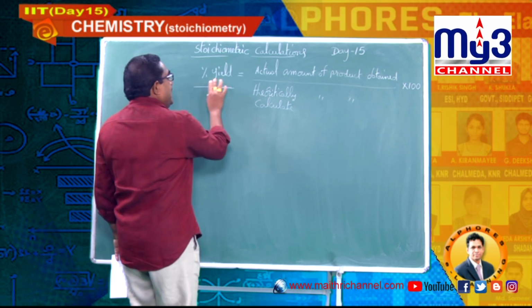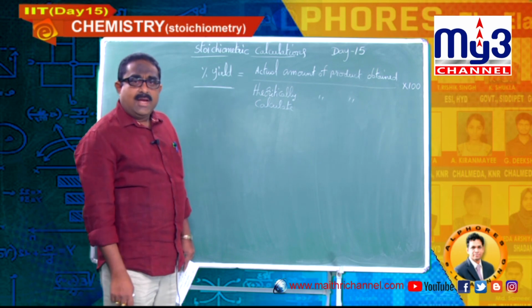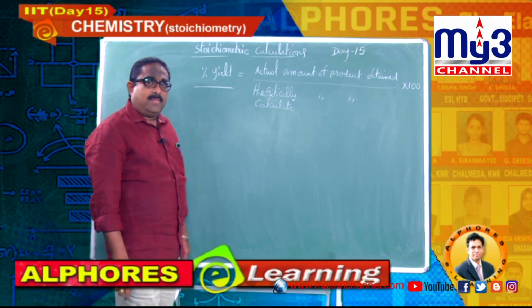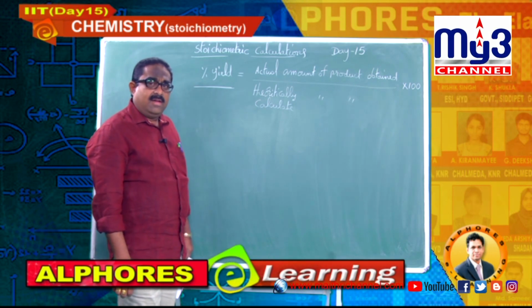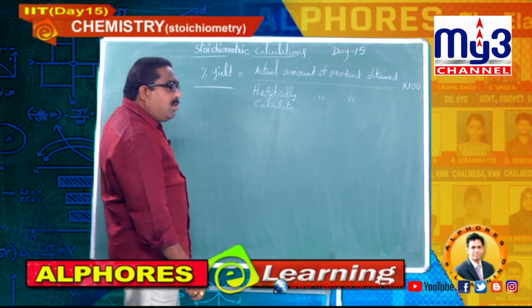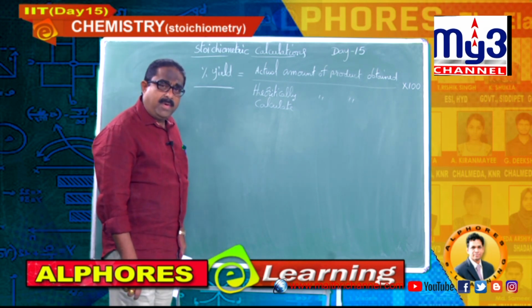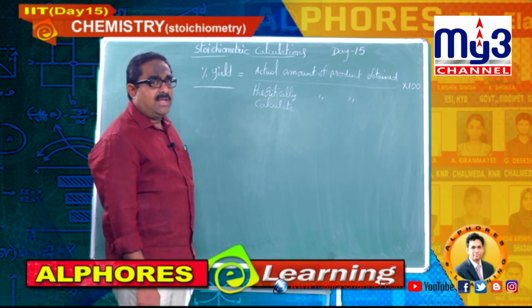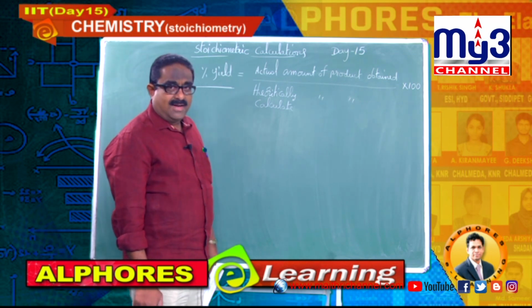So if the percentage yield is maximum, then you can say that the process is a very good process to be adopted for the manufacturing of that particular chemical.